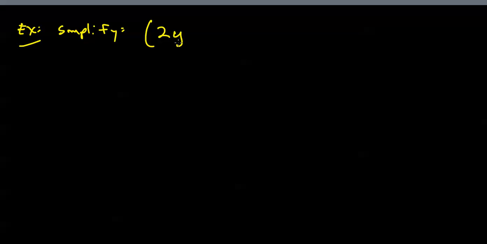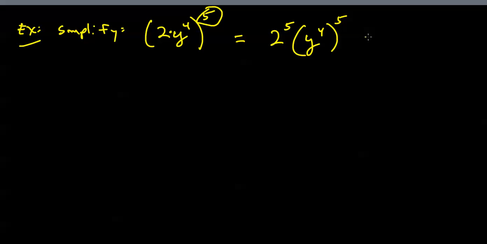If I've got 2y to the 4th raised to the 5th power, of course if I've got a product in the parentheses and an exponent working on that product, I can really distribute that exponent over each factor of that product.